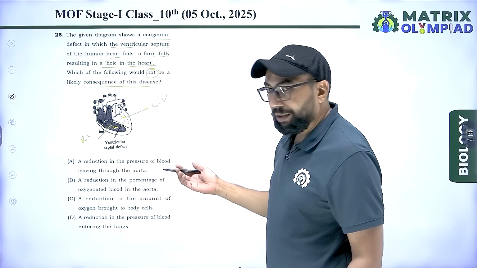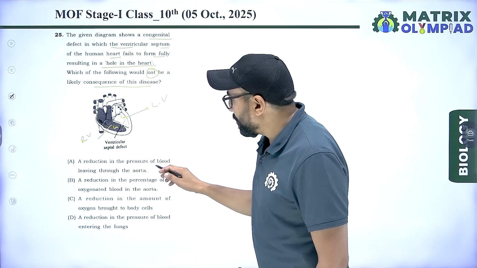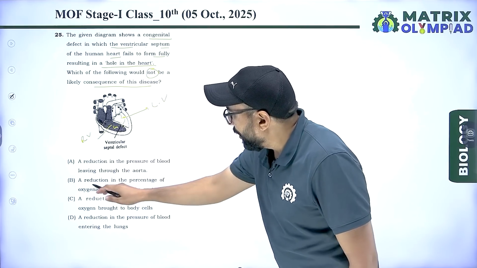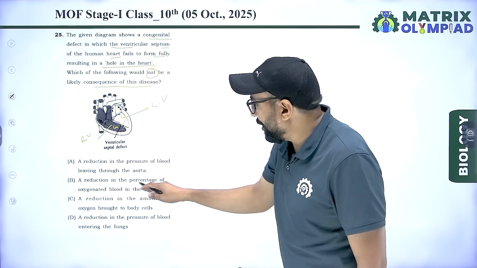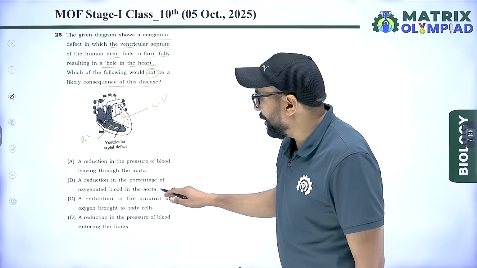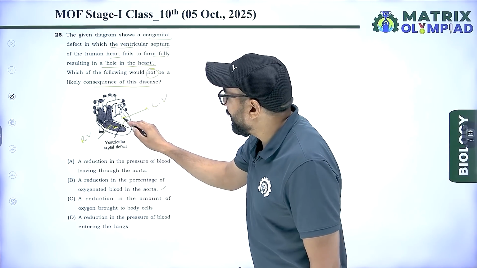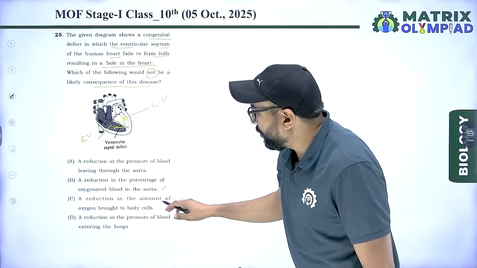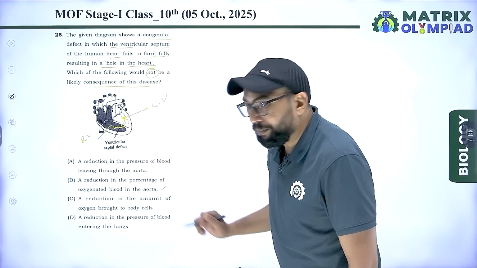Reduction in the pressure of blood leaving through the aorta? Yes, of course. A reduction in the percentage of oxygenated blood in the aorta? Right, because oxygenated blood is mixed with deoxygenated blood. Reduction in the amount of oxygen brought to the body cells?